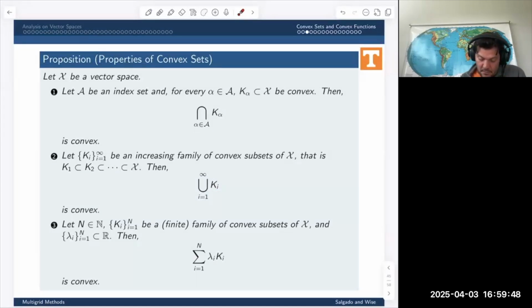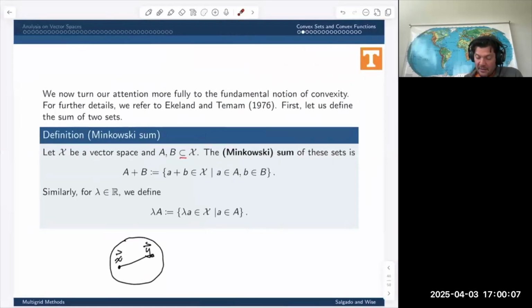And then 3 involves the Minkowski sum, although it's a slight extension of the definition of a Minkowski sum. So it involves essentially what are called linear combinations of sets. And the idea is, if I can define the sum of any two sets, then I can define the sum of 3 sets and 4 sets in the same sort of way.